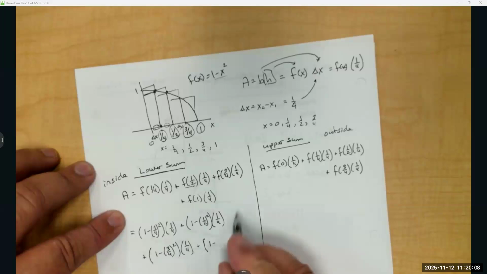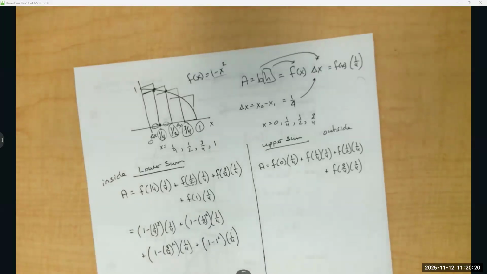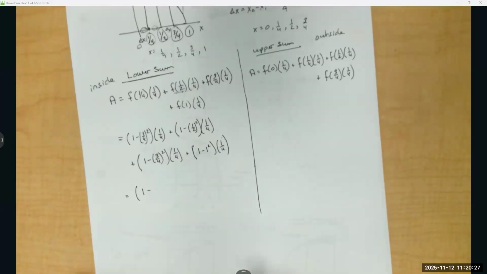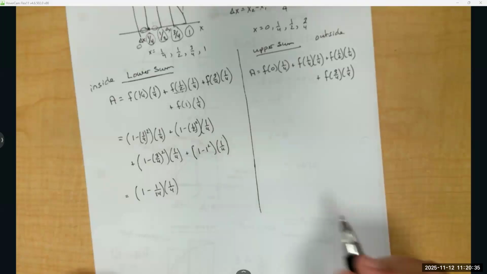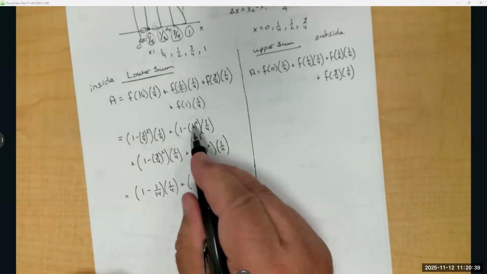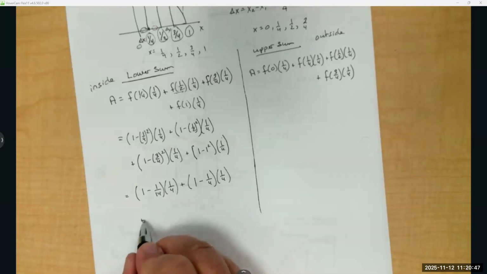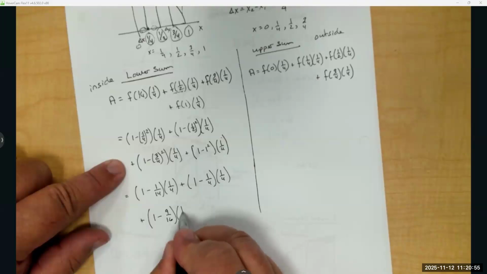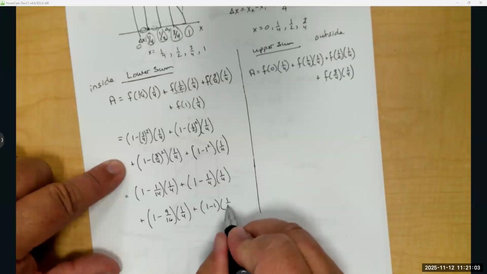Then 1 minus 1 squared times 1/4. 1 minus 1/4 squared is 1/16 times 1/4. 1/2 squared is 1/4. 1 minus 3/4 squared is 9/16 times 1/4. 1 minus 1, 1/4.